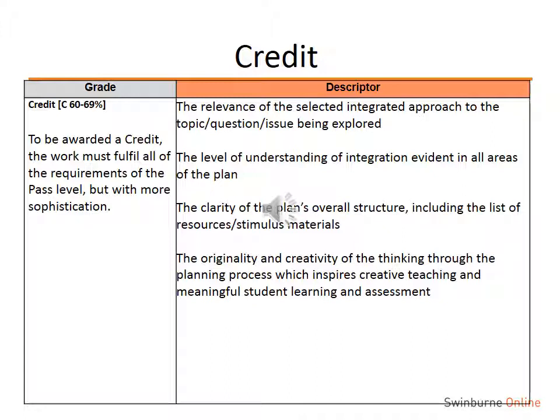Your plan needs to make sense. You need to have a think about how the structure is going to be. Will you use the tuning in, finding out, and such and such? Is that your structure? Why do you need to use it that way?